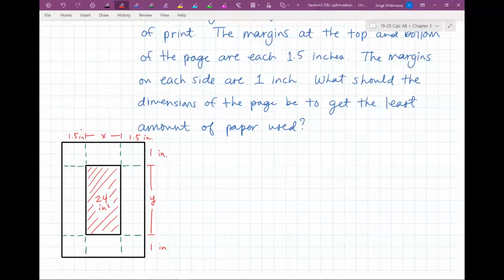X times y equals what? 24, right? Now, the other area is the area of the big paper. What's the formula for the area of the big paper?